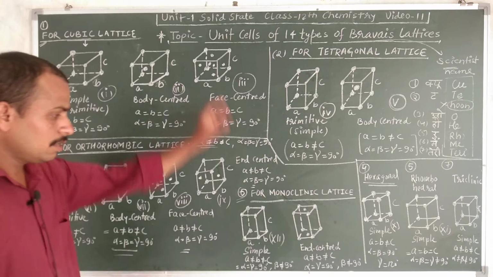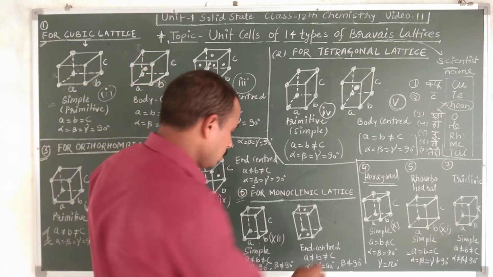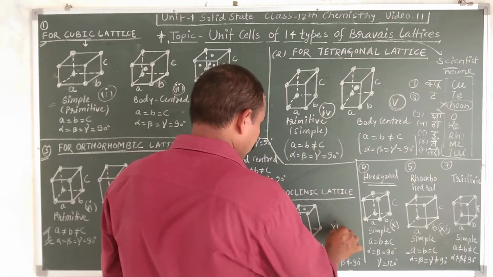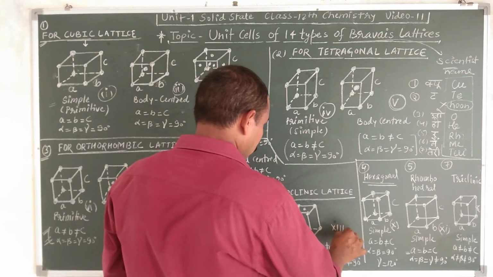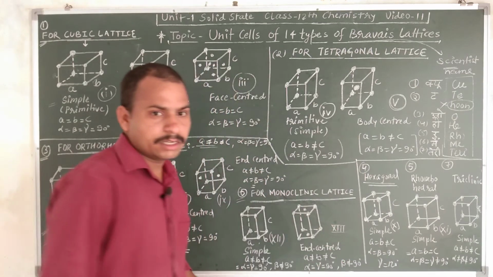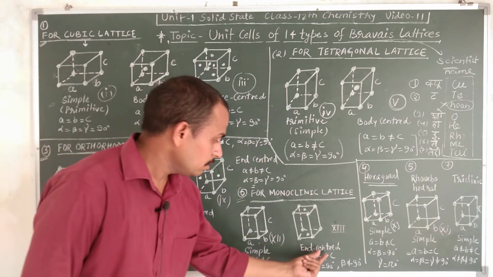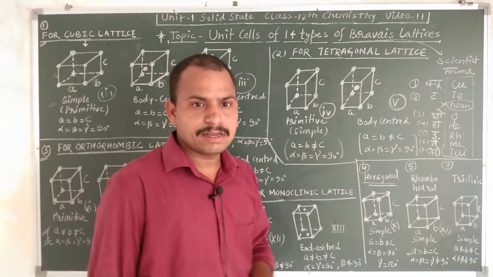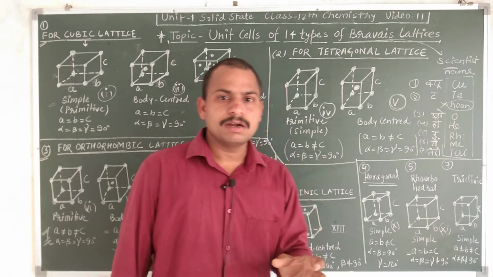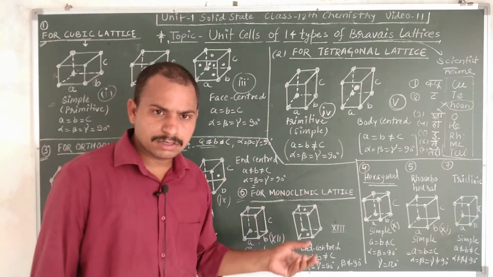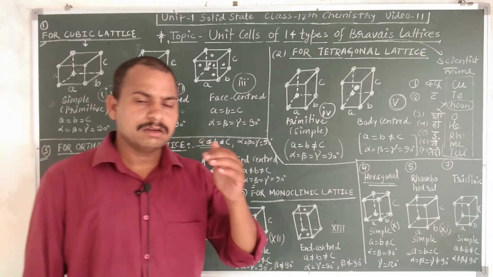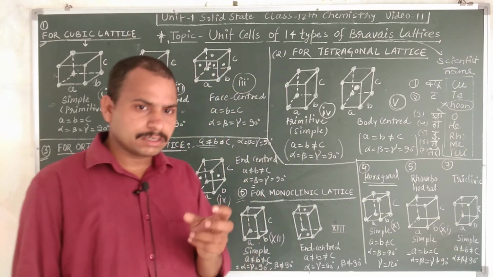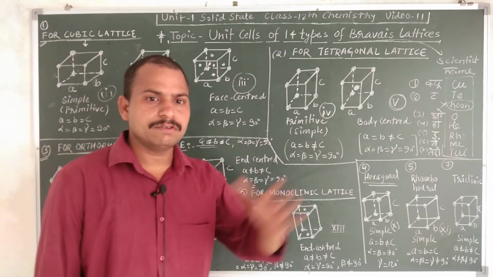So this is the 12th Bravais lattice, and this is the 13th Bravais lattice, the end-centered unit cell, in which constituent particles are present at corners as well as one pair at opposite faces.